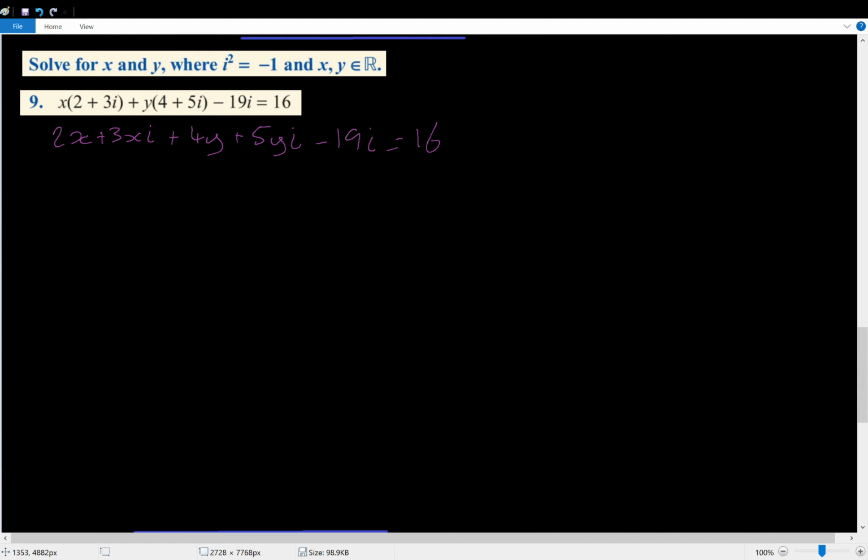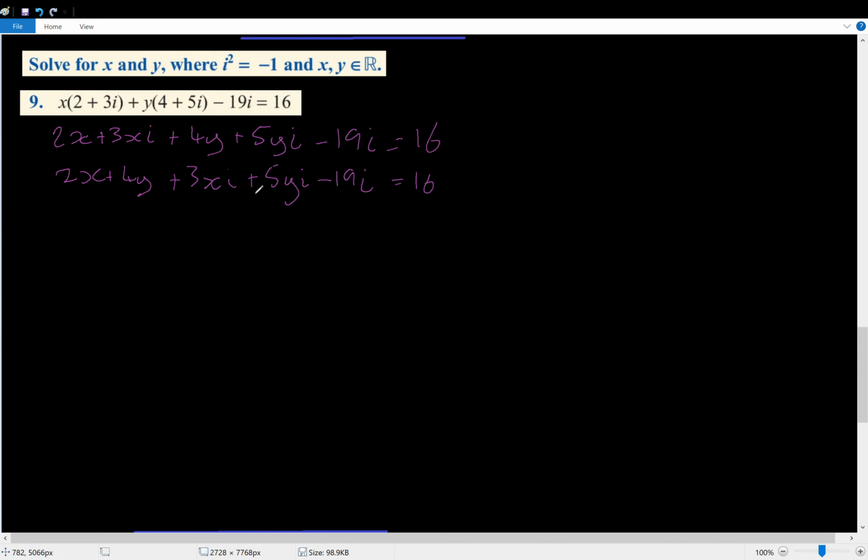Then we're going to group together all the numbers that have an i in them and the numbers that don't have an i. So we're going to get 2x plus 4y, and then we're going to have plus 3xi plus 5yi minus 19i, and that's all going to be equal to 16.